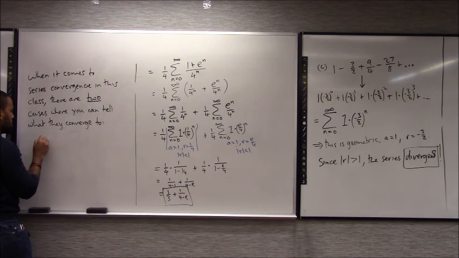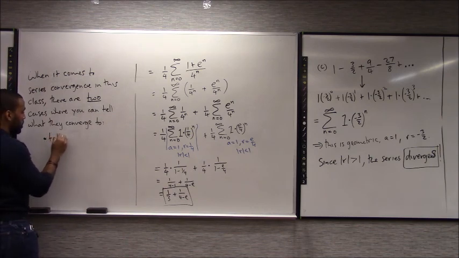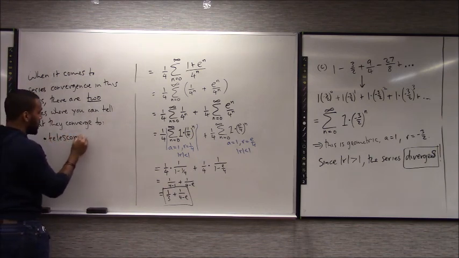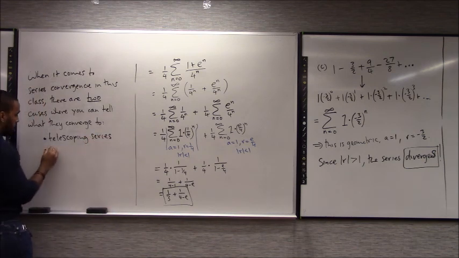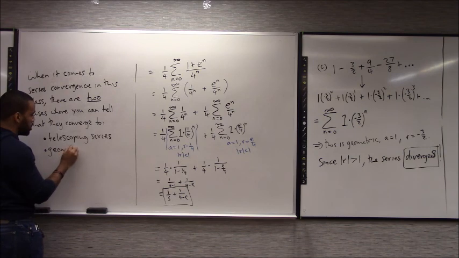And that is for telescoping series. If that converges, you would be able to tell me exactly what it converges to. And the geometric series, if that converges, you can tell me exactly what it converges to.